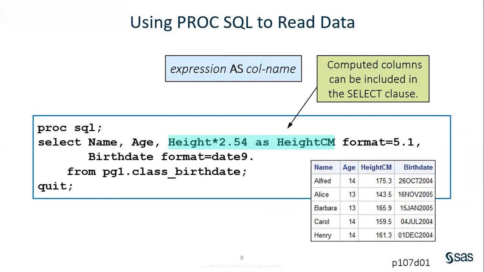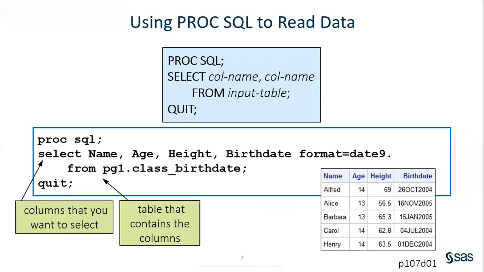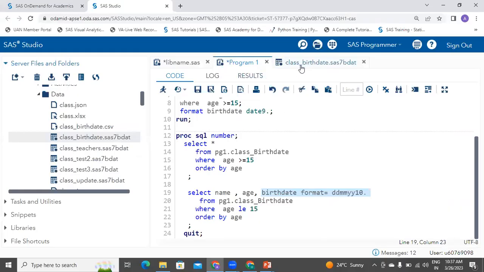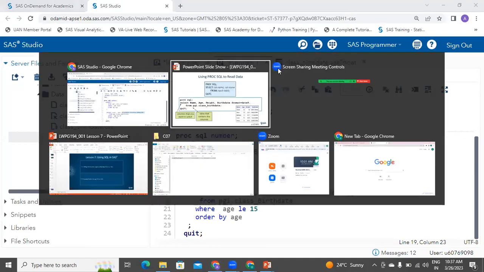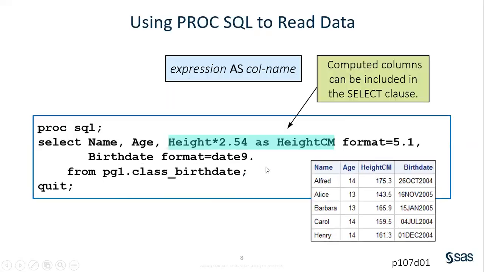Okay. So in SQL, it's not that you can always select only existing columns. When we want to create a new column, where you want to calculate this height, suppose currently the height is in a specific unit, and you want to convert it into centimeters, normally in a data step we'd have to create a new column with an assignment statement in base SAS, correct?